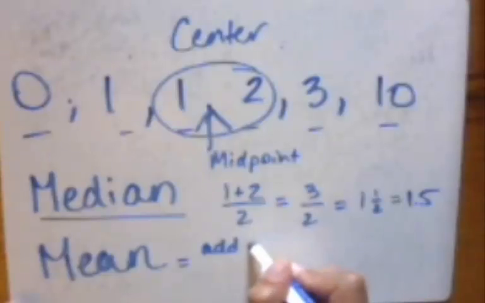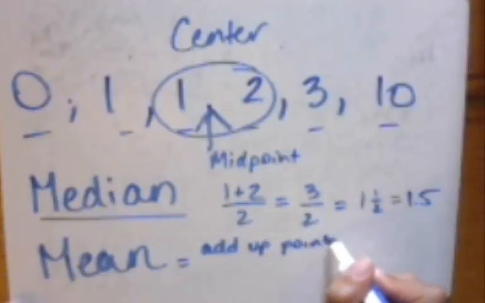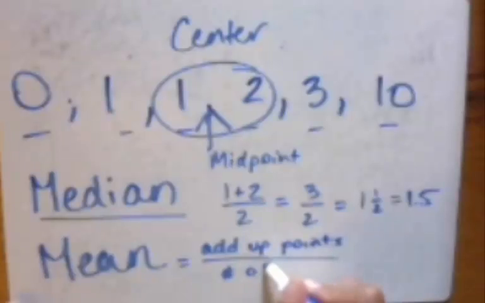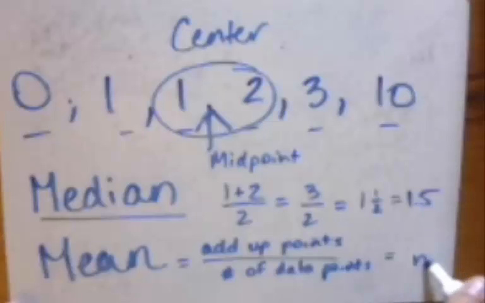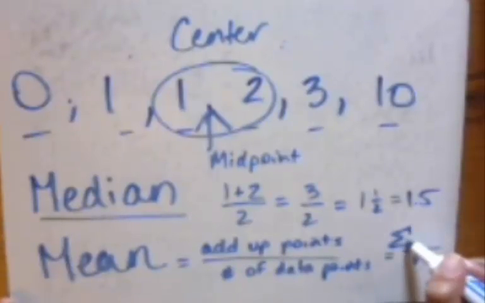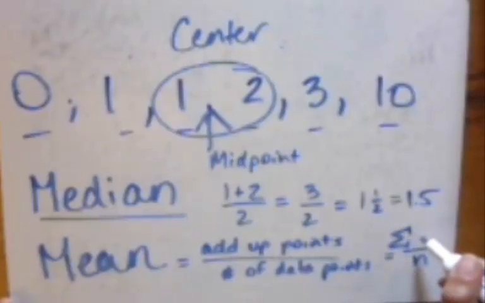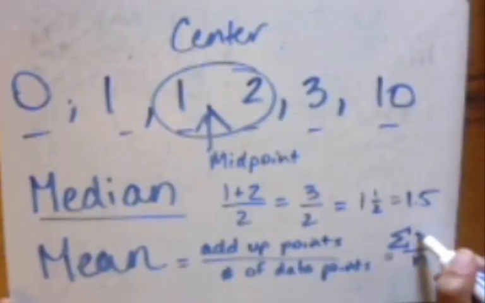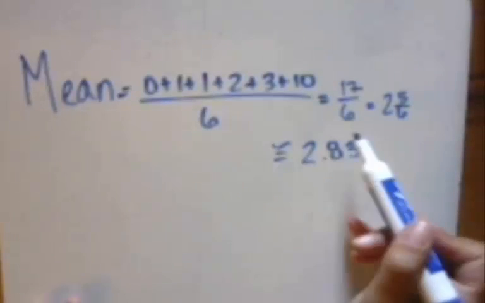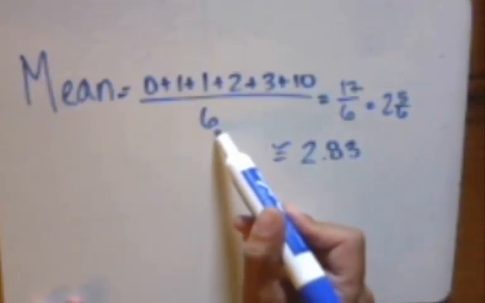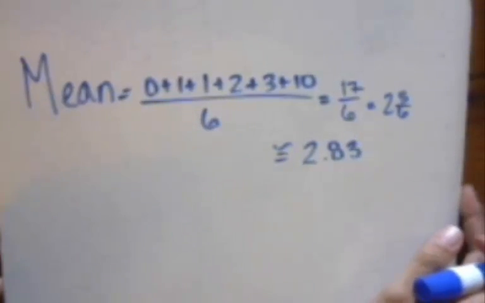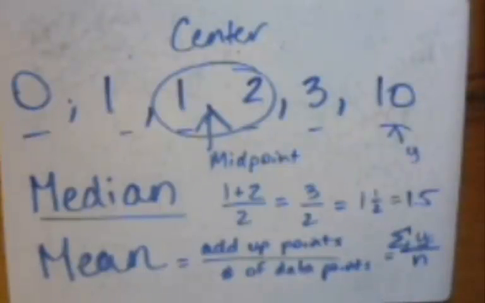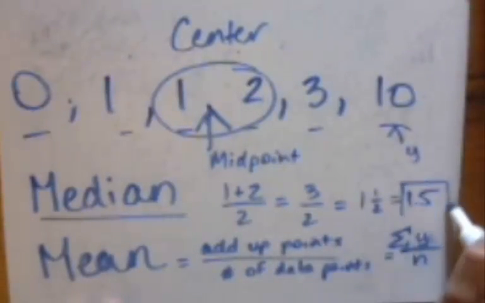All right, that is the median of our data. The mean, we need to add up all of the data points and divide by the number of data points. The number of data points we call n. Adding up all the points, we use the notation sigma, which is a capital Greek S, and if we add up all of the data points and divide by n, or the number of numbers, we get 2 5/6, or approximately 2.83.